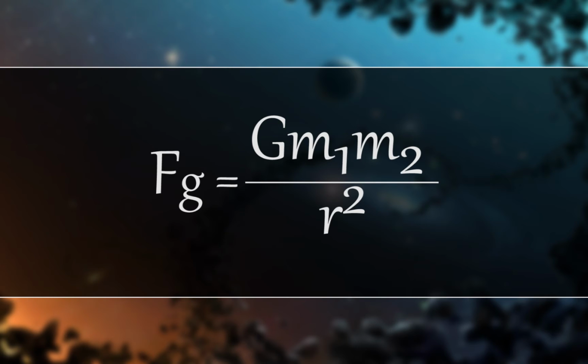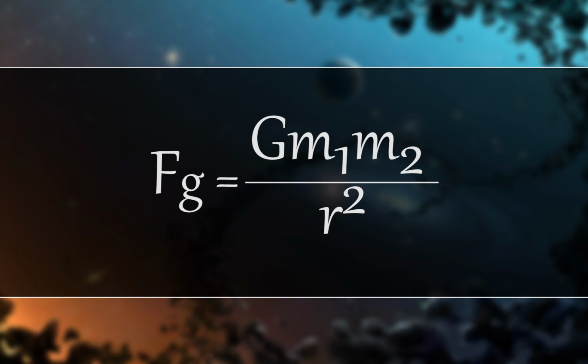The gravitational force equals the universal gravitational constant, which we represent with a capital G in the equation, times the mass of object 1 times the mass of object 2, all divided by the distance between the centers of mass of these two objects squared.